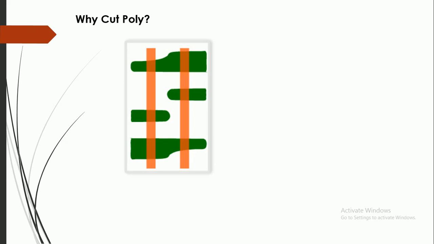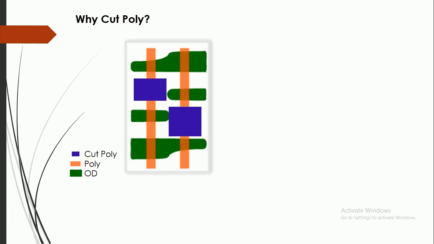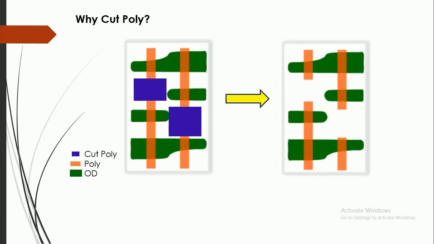Consider the case where we have some coloring information, something like green color ones are OD and the other color is poly and cut poly. If we place cut poly along my poly, we are making such layouts, meaning while fabricating we will get such layers after fabrication.